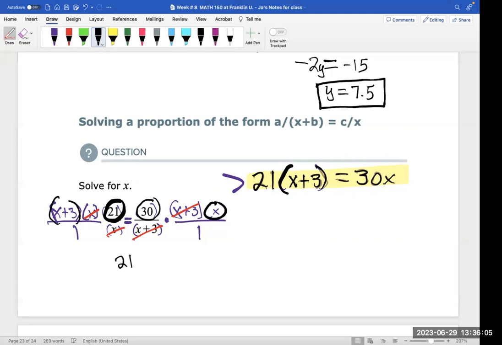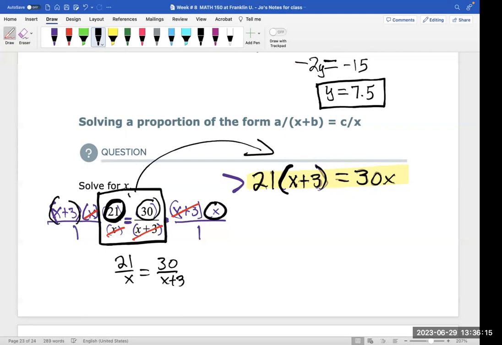And that came from the 21 over x being equal to 30 over x plus 3. So yes, in real life, I want you to be able to go from here to here. I just really want you to understand why, so that you only use it when you're allowed to use it.